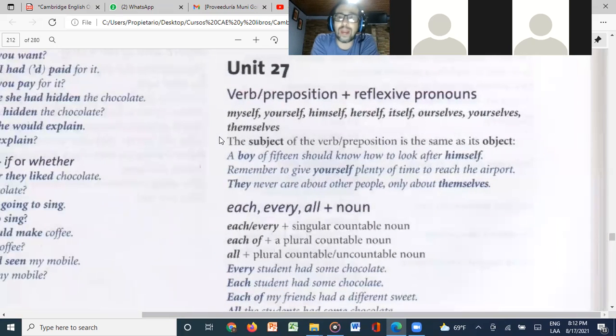Now, the grammar part for today: we're going to see reflexive pronouns. Remember, the reflexive pronouns are myself, yourself, himself, herself, itself, ourselves, yourselves, and themselves. We're going to see how we can combine a verb plus a preposition plus a reflexive pronoun.